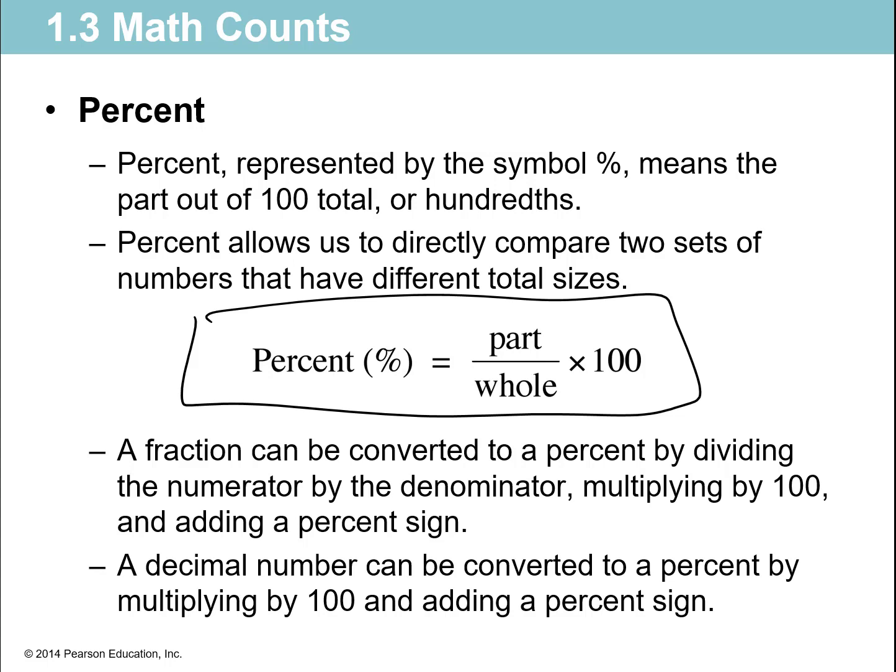So if I got an 80%, I got 80 points out of 100 possible. If you took 80 divided by 100, it would be 0.8. So instead of leaving it as a decimal, you multiply the answer times 100, and that's your percent. So that's how you end up with an 80%.